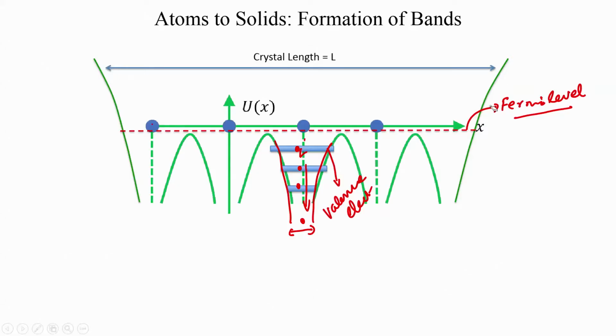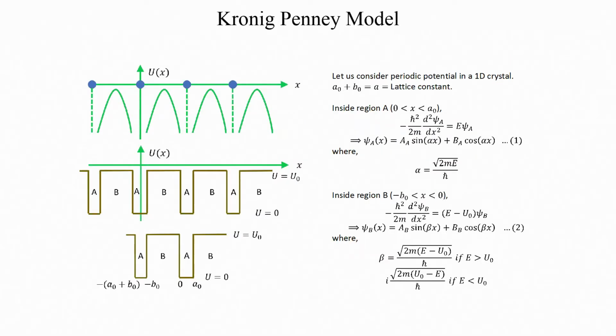So now we are going to use all these ideas to develop a more mathematical and quantitative estimate of the formation of energy bands and energy gaps in a solid. And all this is done via something called the Kronig-Penney model. So what is the Kronig-Penney model?